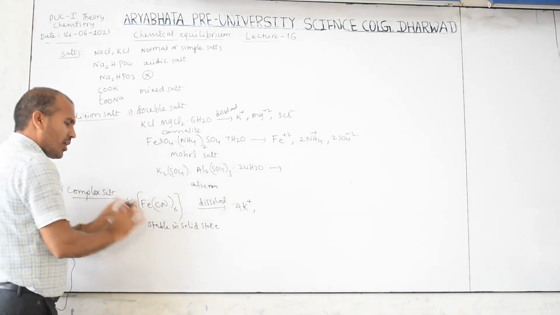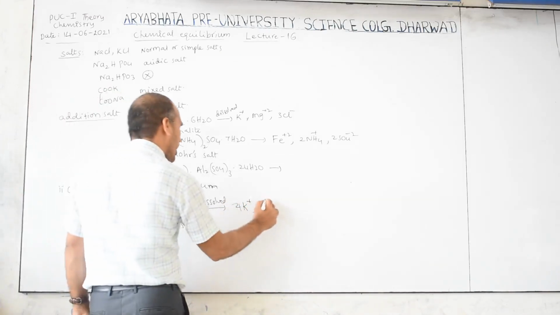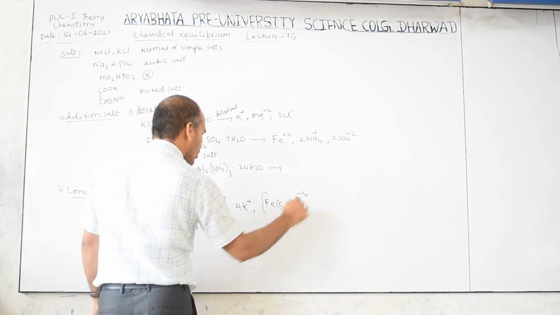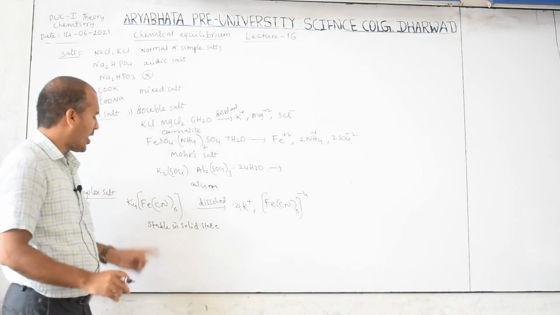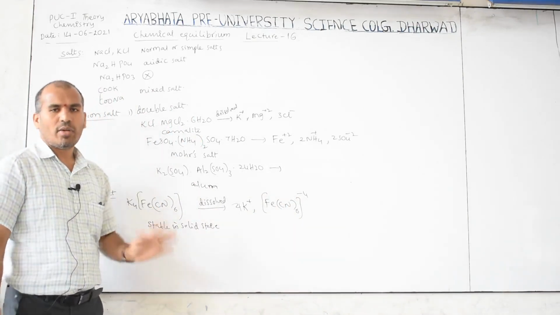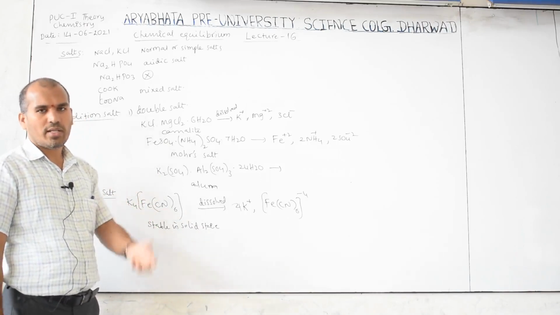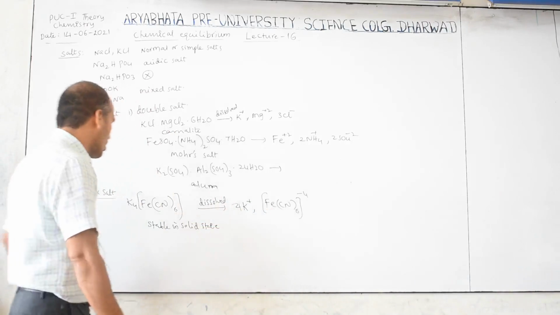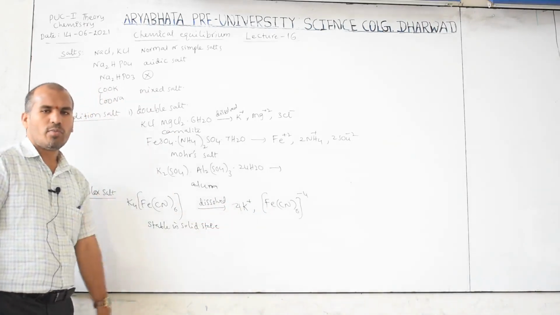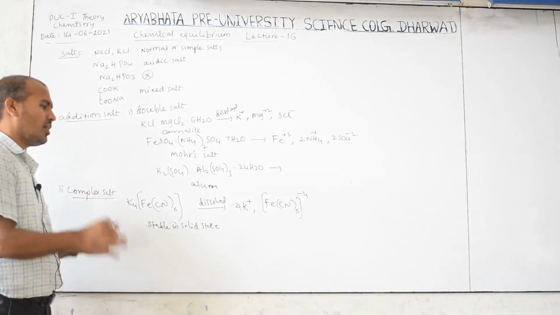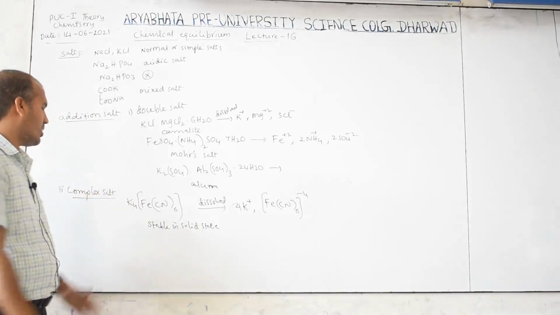The total square bracket is 1, therefore [Fe(CN)6] with power minus 4. Actually we have one iron cation and 6 CN minus ions, but these will not appear in the solution. Totally, this is as one ion. Therefore, this is called a complex salt. You will learn about complex compounds in the second year, 9th chapter, coordination chemistry, in total detail.